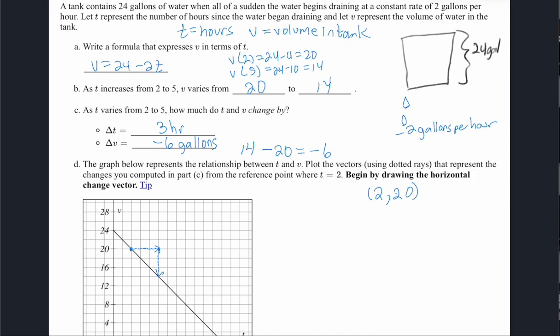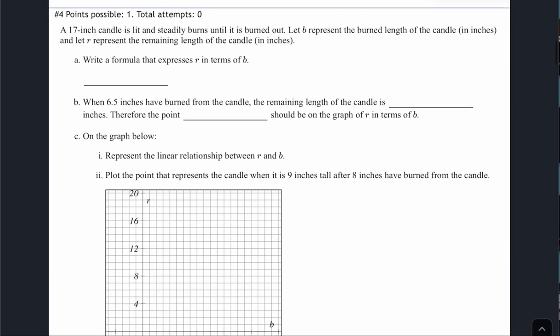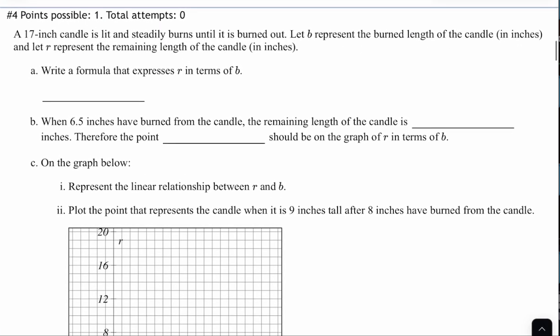Now let's take a look at problem number 4. It says that a 17-inch candle is lit and steadily burns until it is burned out. So I'm going to draw a picture of a little candle here. And I am going to mark along the side that this is a total of 17 inches when we started.